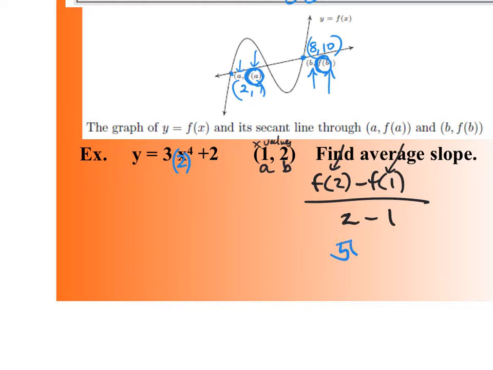So that's 50. What's f of 1? We're going to subtract whatever f of 1 is. That's a heck of a lot easier to do in your head. Stick in a 1 right there. 1 to the fourth is 1. Times 3 is 3. Plus 2 is 5. 50 minus 5. And then the other two values we already know, 2 minus the 1.